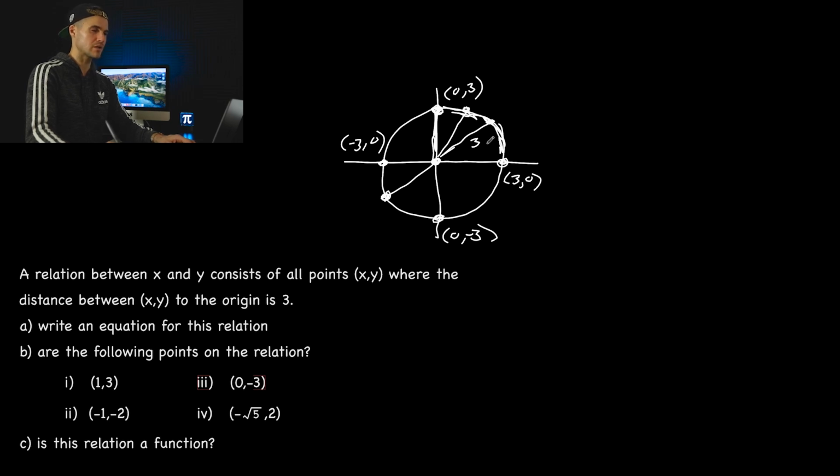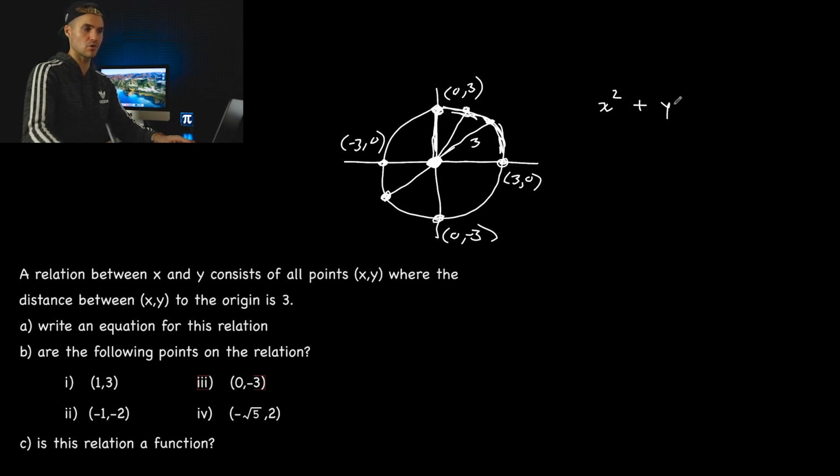As I said, when you read it first, it sounds complex, but when you get into the details, they're just describing a circle. And a circle that has its center at the origin, because they said the distance from the origin to all these points is 3, meaning the center is the origin.